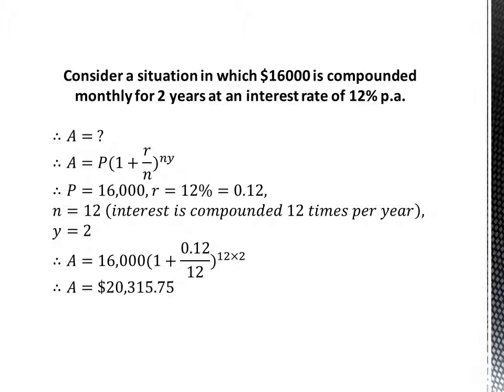In this situation, the principal is 16,000, the rate is 12% or 0.12, n is 12 because the interest is compounded 12 times per year, and y is 2. So when we substitute these values in, we have A equals 16,000 bracket 1 add 0.12 over 12 bracket to the power of 12 times 2, and that gives us a total of $20,315.75.